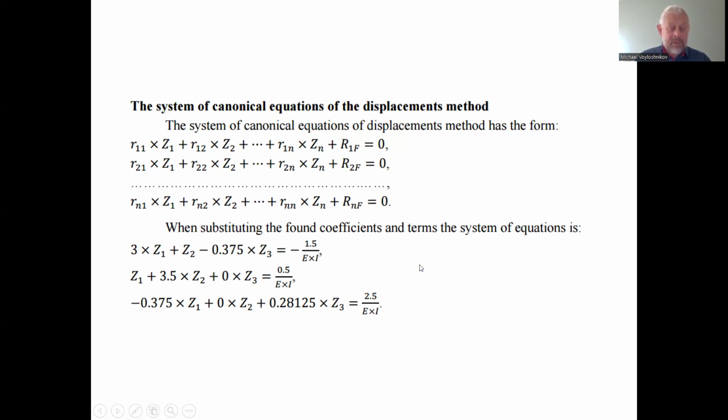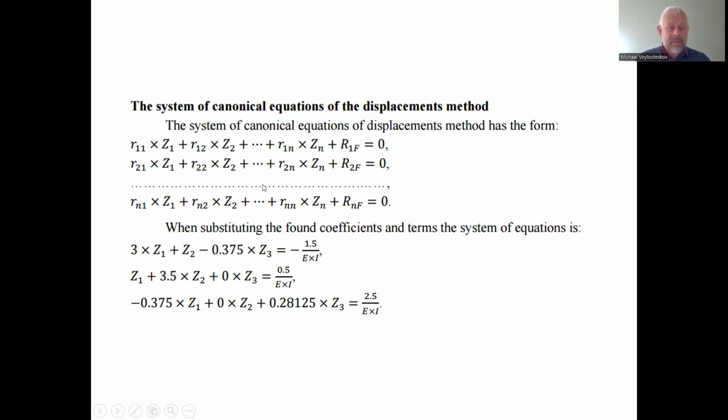After that, we can substitute all this into the last equation and find, for example, z3. After that, return to the previous one, find z2, and return to the first one and find z1. This is just the approach for solving the algebraic canonical equations, and we will have all displacements.